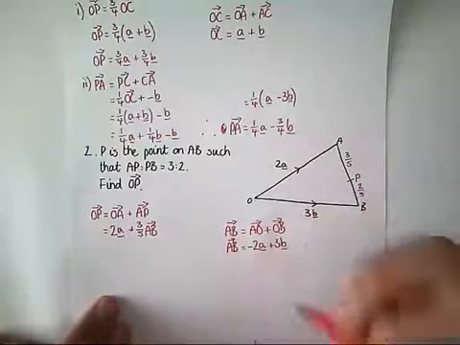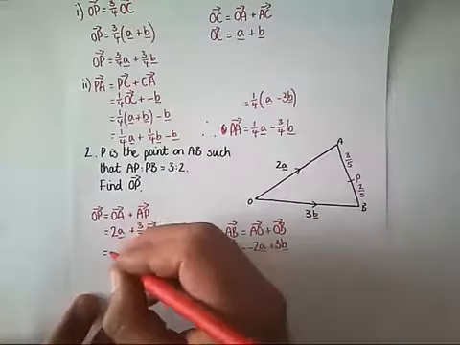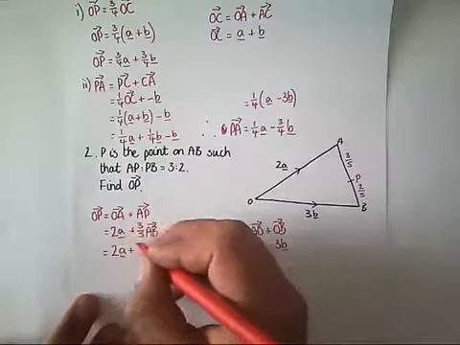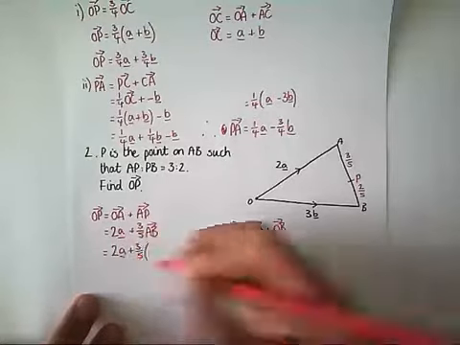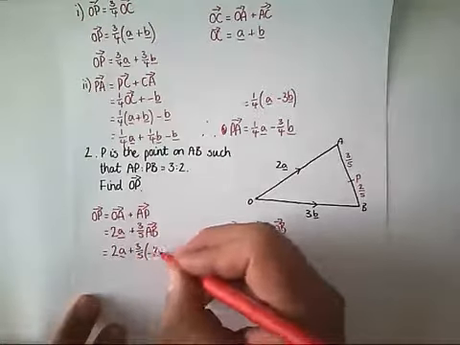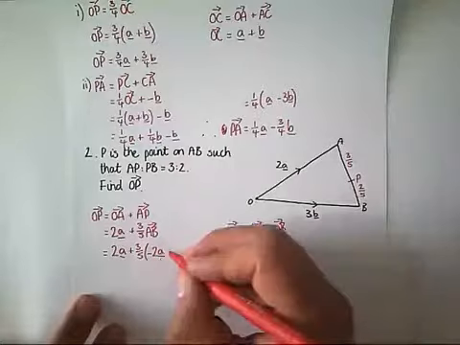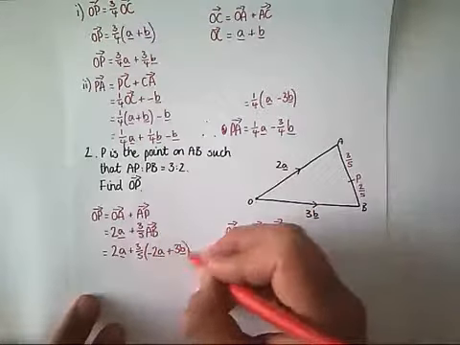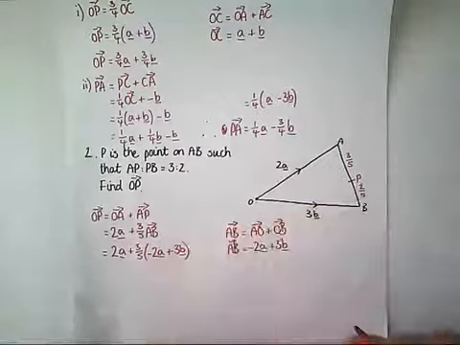Sub that back in over here, and we've got 2A plus 3/5 of minus 2A plus 3B. Okay, expand and simplify.